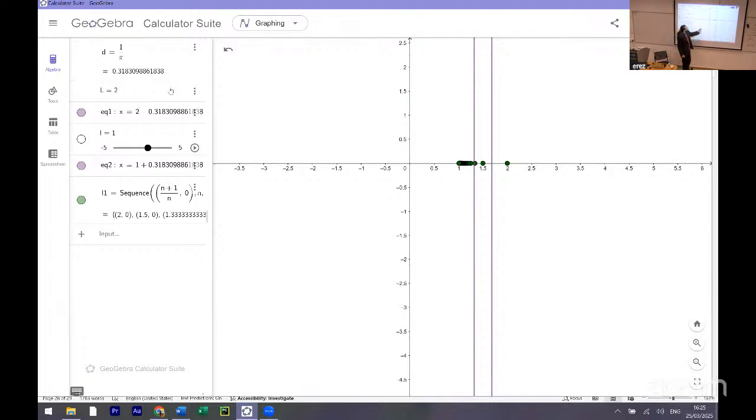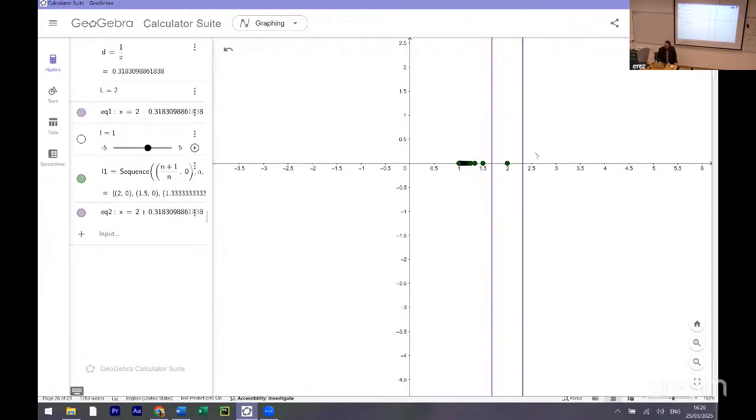Because if I now take the radius to be a smaller number, what do you see here? Something does not make sense. Ah, I did small l instead of large L. Okay, great. So if I take an area around 2 of radius 1 over pi, what do I see?